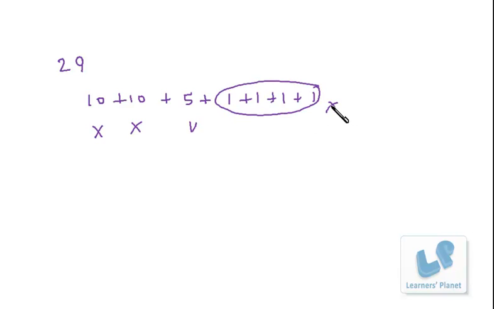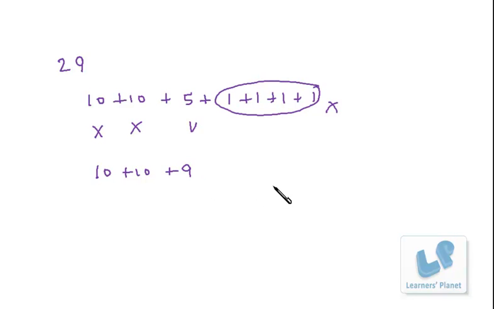Okay. Now what is the alternative with us? What we do is we try 10 plus 10 plus 9. So the value of 10 and 10 we know, but we have to find out the value of 9.